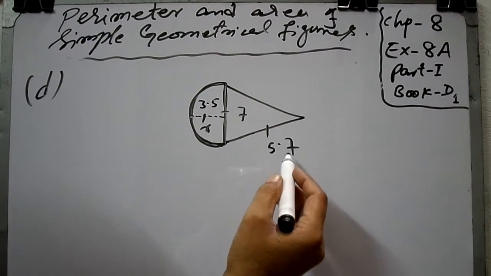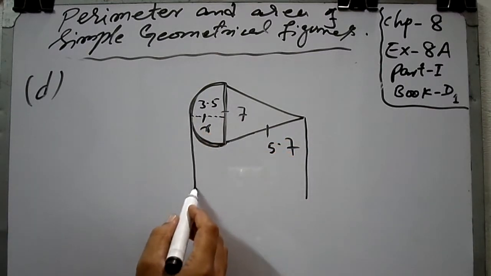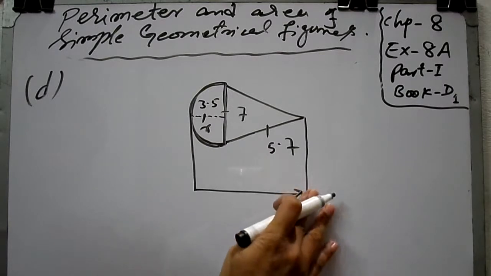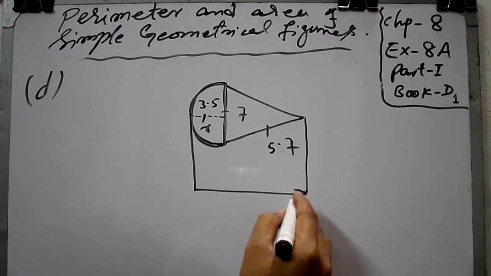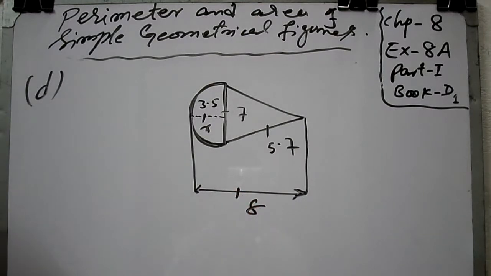So from this portion to this portion, you have a length equal to how much? Equal to 8 centimeter. So how can we find the area as well as perimeter?